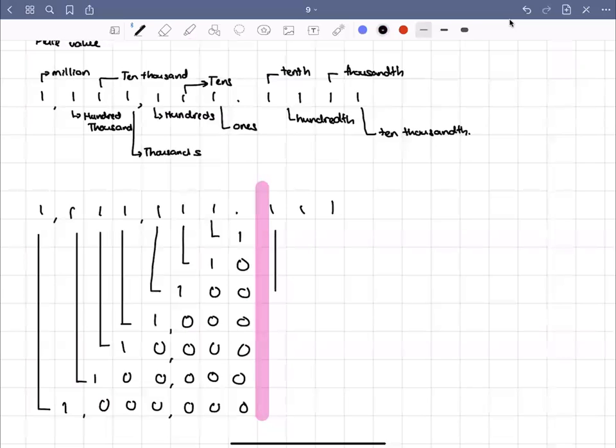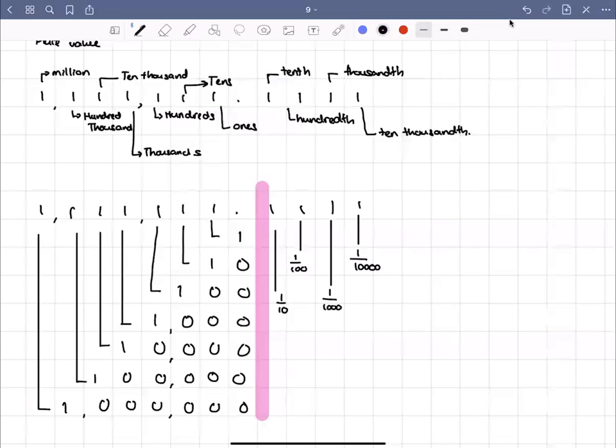This one is 1 over 10. This one is 1 over 100. This one is 1 over 1,000. This one is 1 over 10,000.